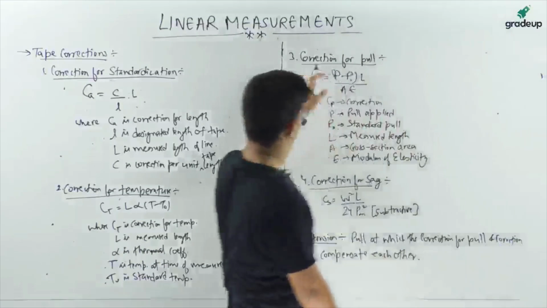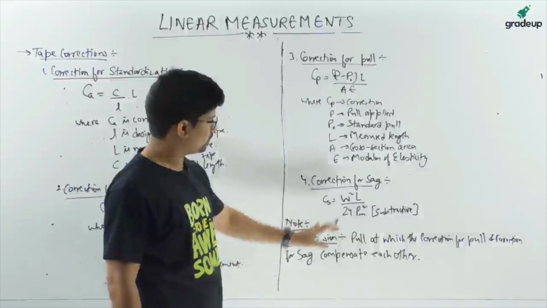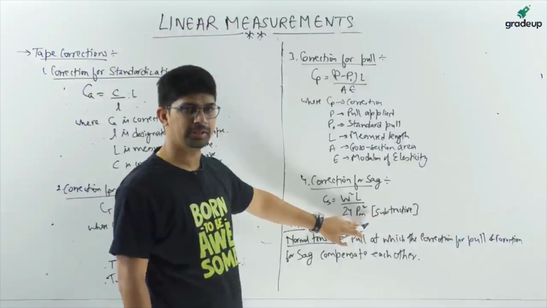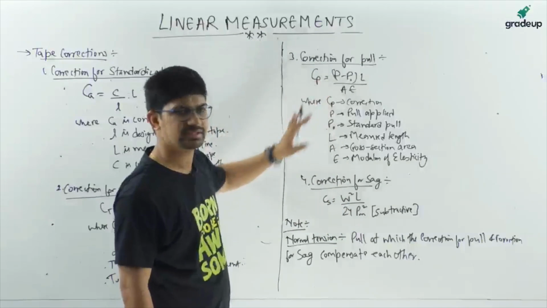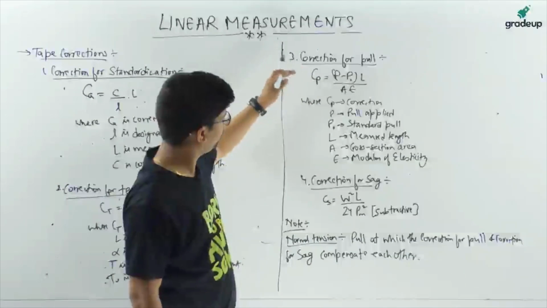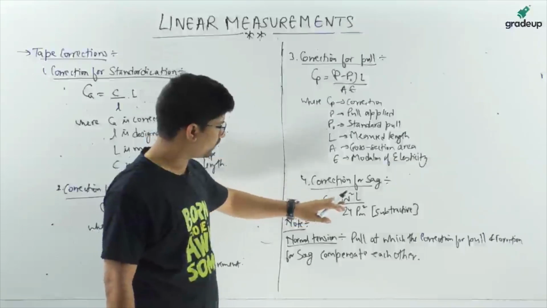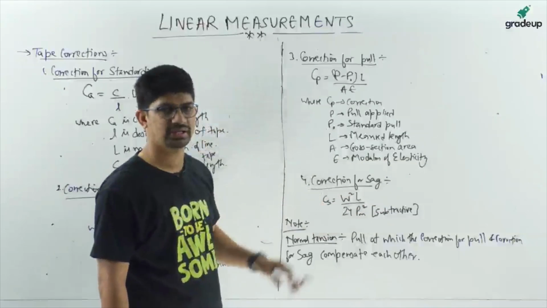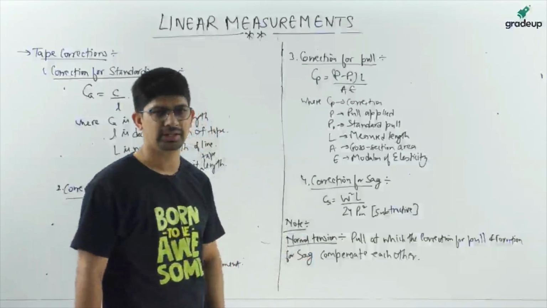Okay. So the nature of this depends on P, while this is always subtractive. So if we adjust the pull P such that these two cancel each other, the amount by which the correction due to pull is positive is equal to the amount by which the correction due to sag is negative. In that case, these two will cancel each other, and that pull is known as normal tension.